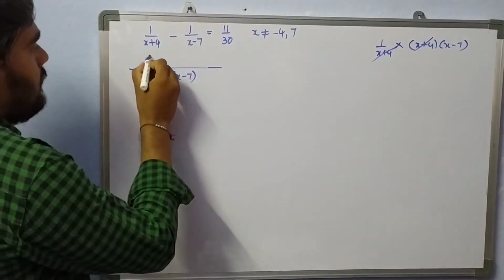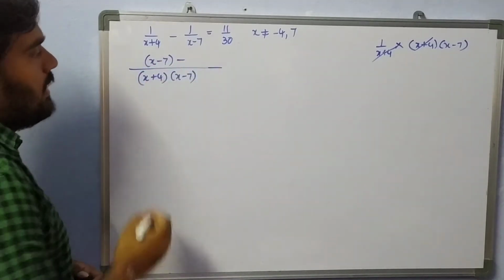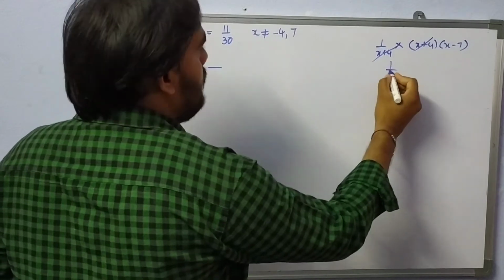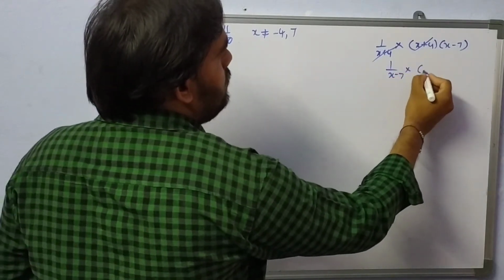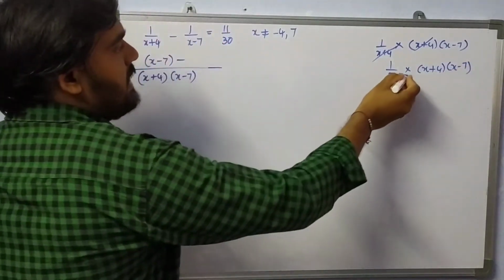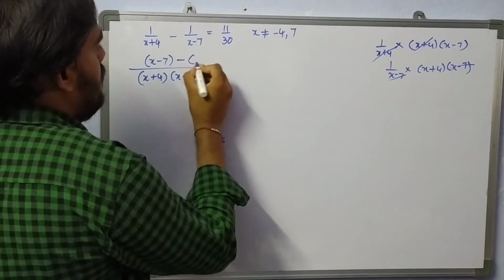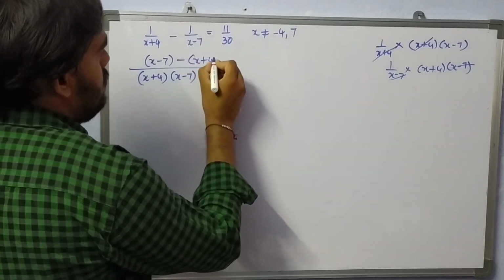So we will get here x minus 7 minus, like that only, 1 by x minus 7 into x plus 4 into x minus 7. So x minus 7 gets cancelled. Now we will get x plus 4.